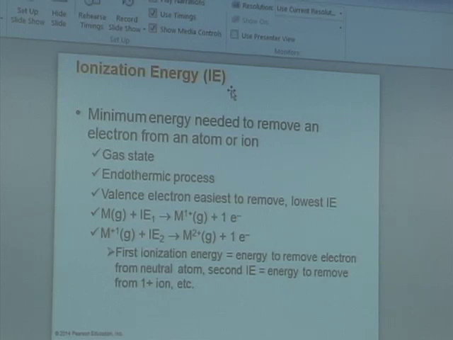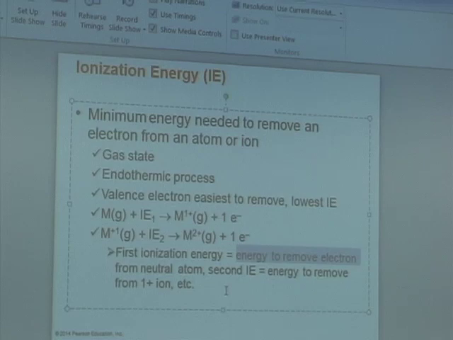We have one, Jeremy? Isn't it when it loses one electron? Yes, and then the second ionization energy is for two electrons. Good, you do know it. So the ionization energy is the energy to remove an electron. The first ionization energy is from a neutral atom.